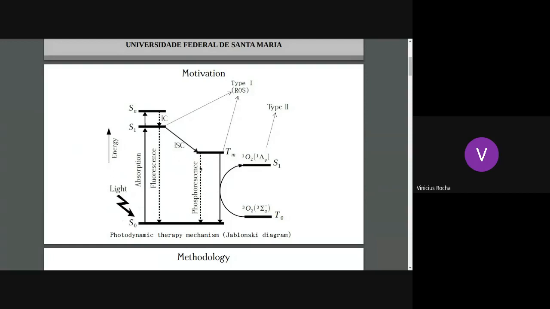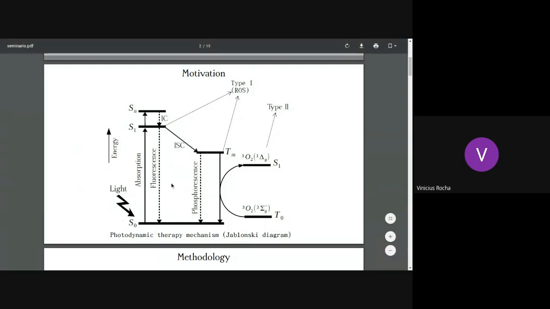The intersystem crossing, in principle, is forbidden. However, the spin-orbit coupling between these two states can be large enough to make it possible. The mechanism is the vertical excitation of the photosensitizer from a singlet to another singlet state, and intersystem crossing from the singlet state to a triplet state.